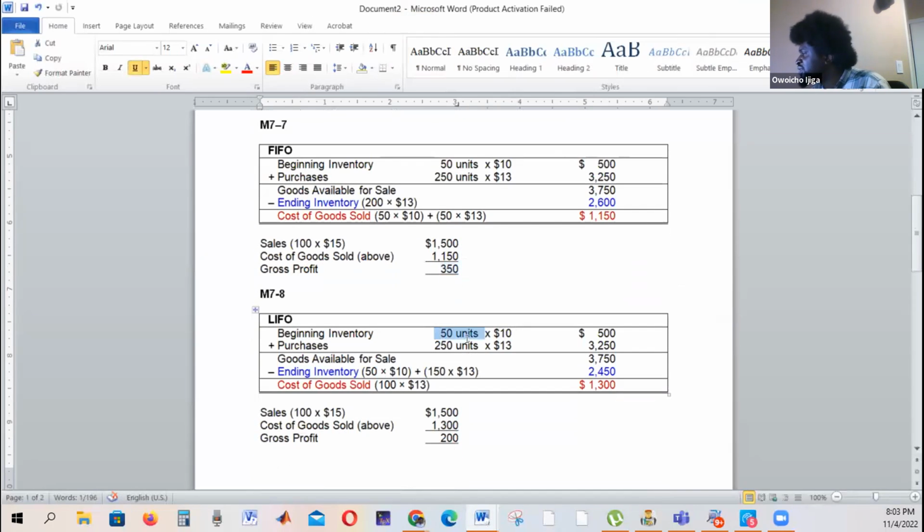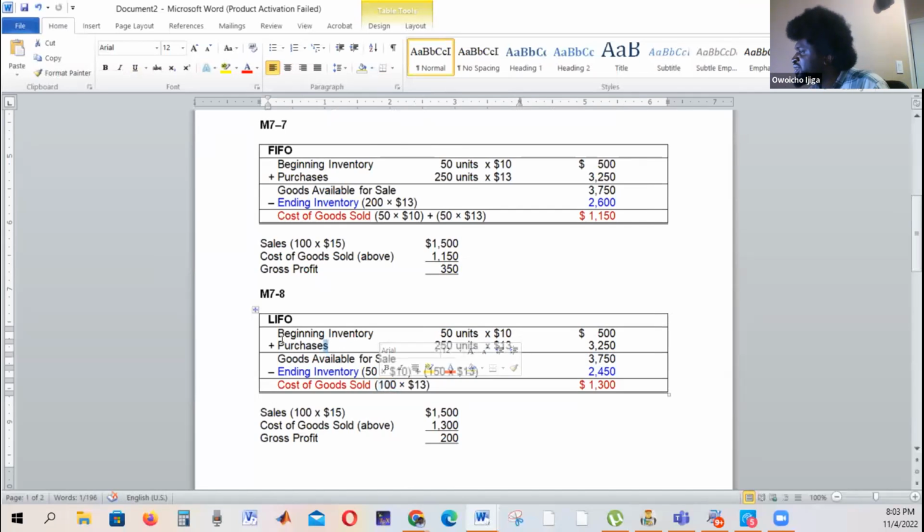That's that. Now we're using the LIFO system. The beginning inventory remains the same at $10. Then the purchase is 250 at $13. Goods available for sale still remains the same, which is 3,750. Our ending inventory: now we sold 100, and the 100 that we sold is the last in.